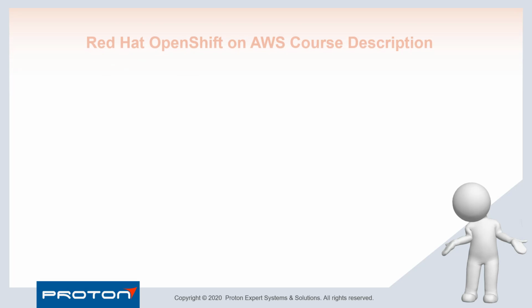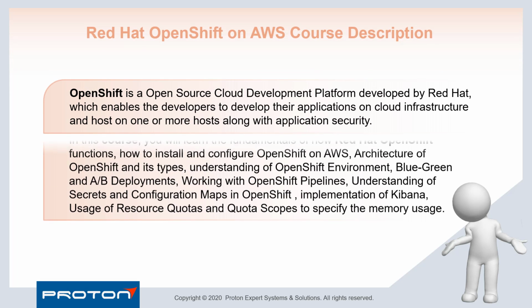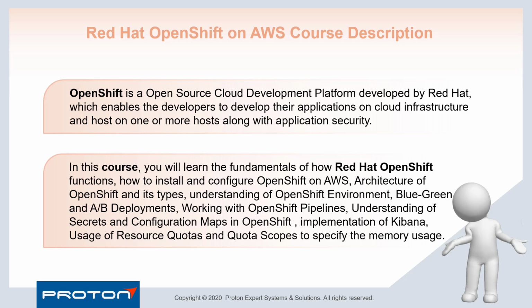Now, let's understand why OpenShift is important. OpenShift is an open source cloud development platform developed by Red Hat, which enables developers to develop their applications on cloud infrastructures and host on one or more hosts along with application security.